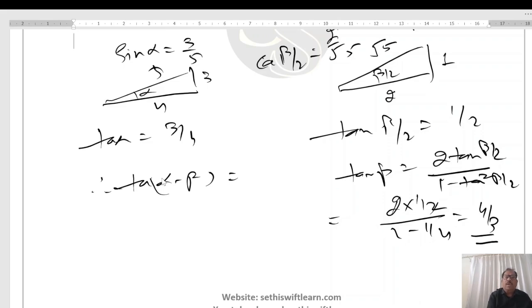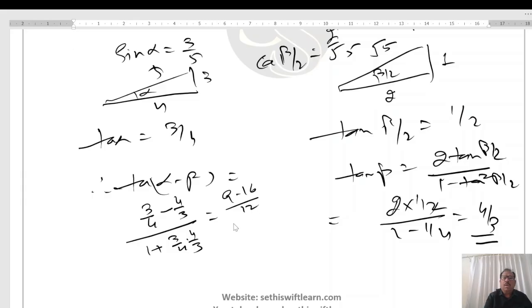Now substituting here, tan of alpha minus beta will be equal to tan alpha, 3 by 4 minus 4 by 3 upon 1 plus 3 by 4 into 4 by 3. This comes out to, on simplification, 9 minus 16 upon 12 upon 2.